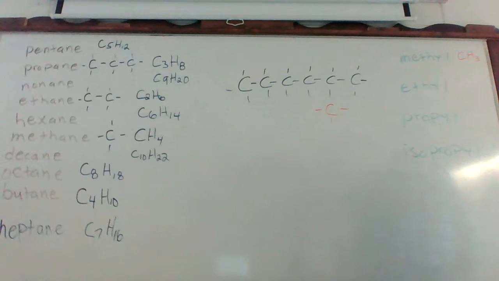Alkane nomenclature on page 721. It's in that khaki or brown box on the top. It says, number 1, name the parent hydrocarbon. Find the longest continuous chain of carbon atoms that have straight chain branches. Add the suffix "ane" to the prefix corresponding to the number of carbon atoms in the chain.